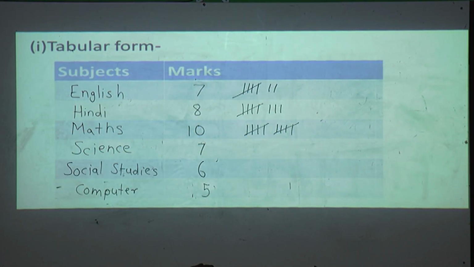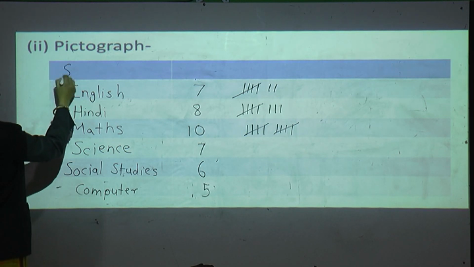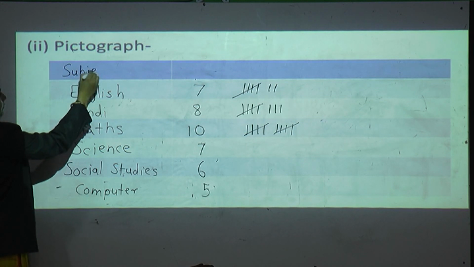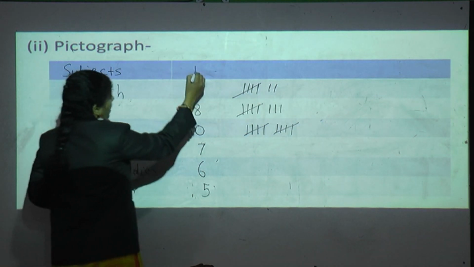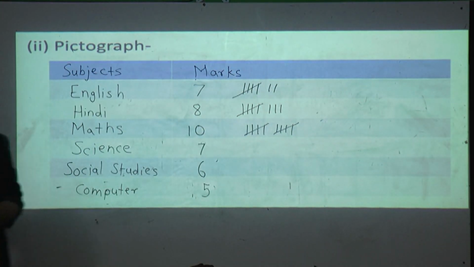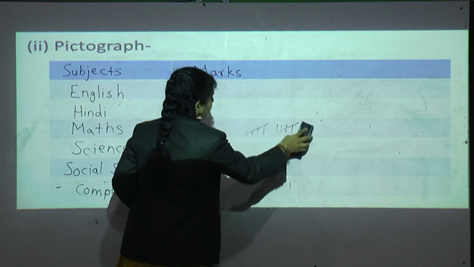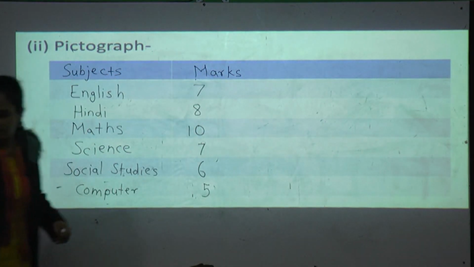Now students, we'll show this data in the form of pictograph. See, here same subjects and marks. Okay, now students, see, in English that student got 7 marks.